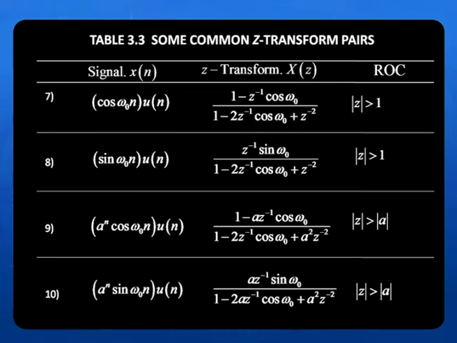Similarly, a to the power of n sin omega naught n u of n will be equal to a Z to the power of minus 1 sin omega naught divided by 1 minus 2a Z to the power of minus 1 cos omega naught plus a square Z to the power of minus 2, and the region of convergence is Z greater than a. So if you remember most of these 10 identities, it will be easy for us to directly step into the examples or problems, and then we can find a solution at a much faster rate.